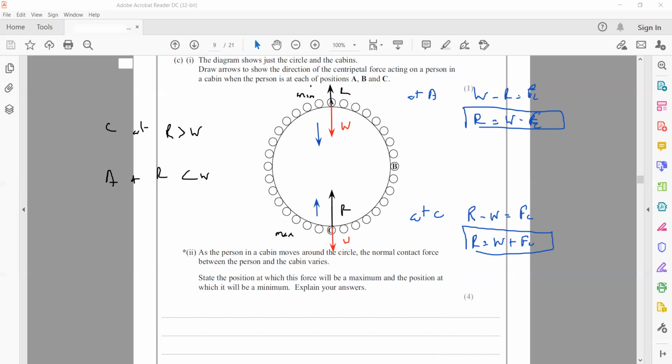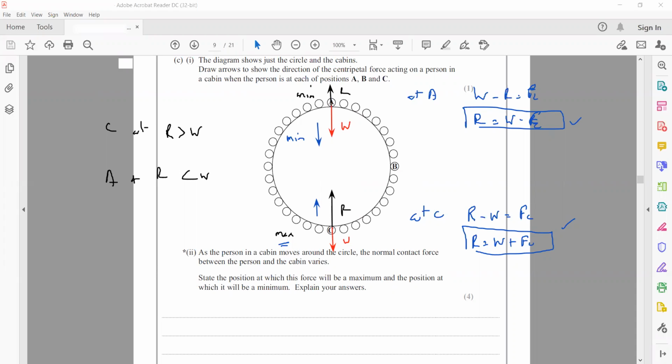So one mark you will get for mentioning it is maximum at C and minimum at A. Then you will mention this equation, that is the second mark, and this equation, that will be the third mark. And what is the last point?